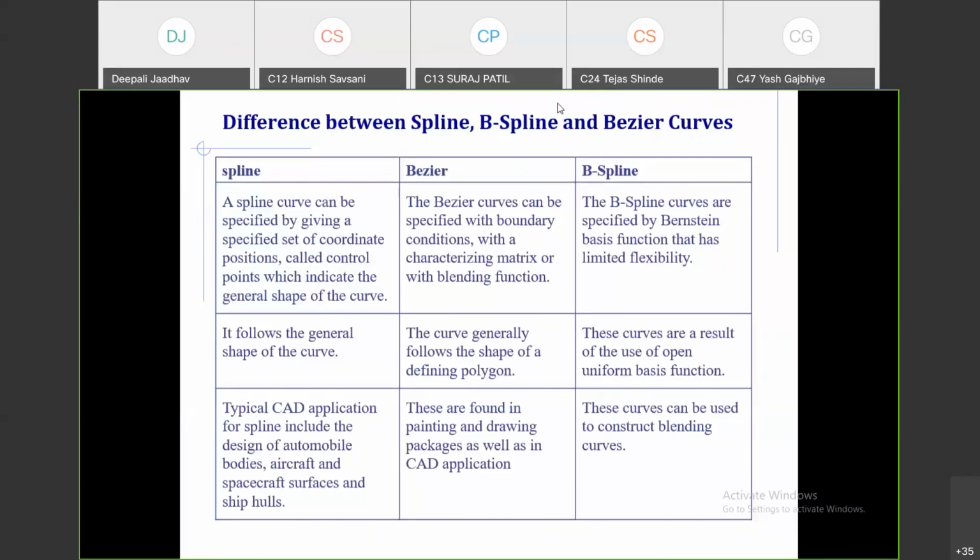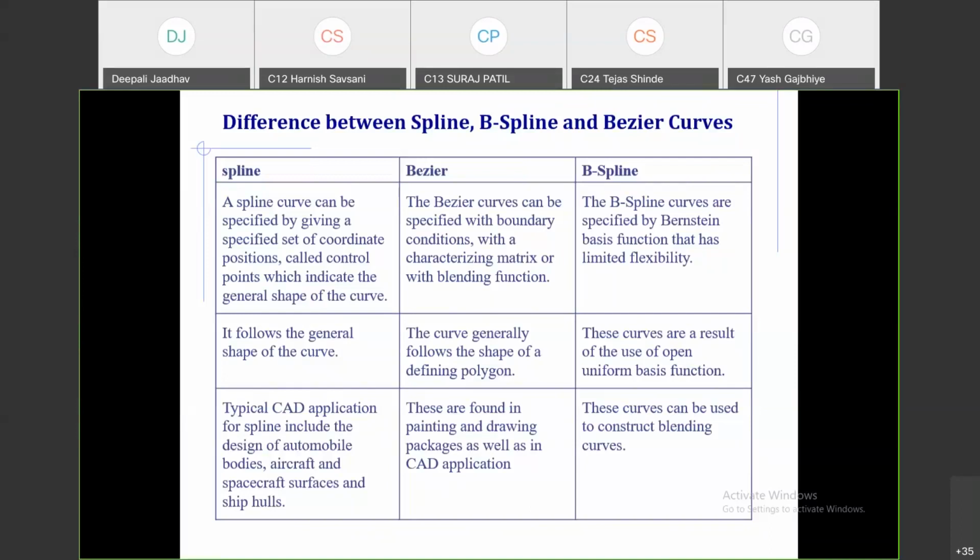Now in short, we discuss the difference between the spline, Bezier and B-spline curve. Three different types of curve we have studied: spline curve initially, then Bezier curve, and then B-spline curve. As I already told you, the similarities between Bezier curve and B-spline curve are that both are approximation curves. That is the first similarity.